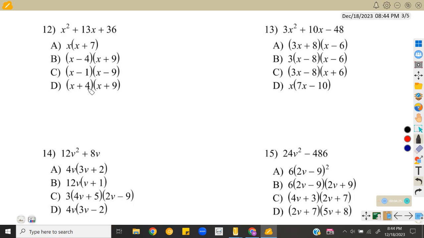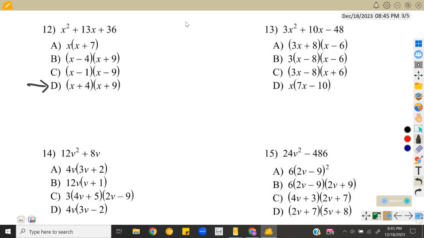But I see positive 4 times positive 9, which would give me a positive 36 if I multiply those. So, if you understand factoring, you should be able to quickly choose D as your answer. And that would help you out because you don't actually have to spend too much time guessing and trying to think about the numbers and making a list of all the factors of 36.